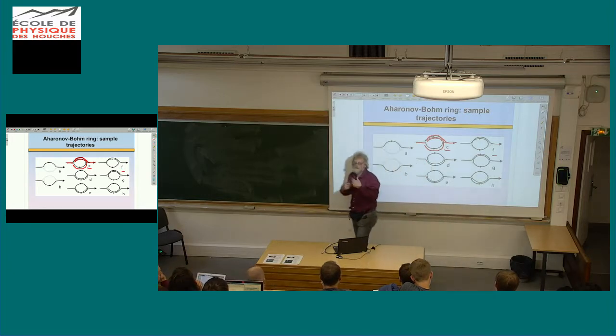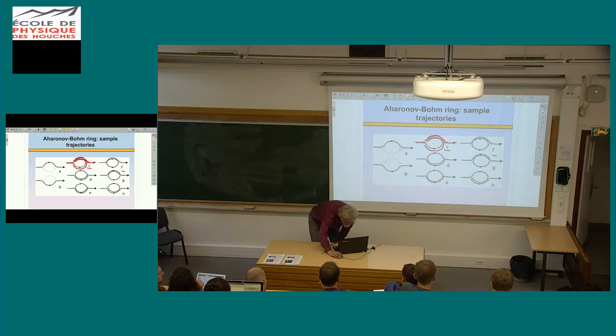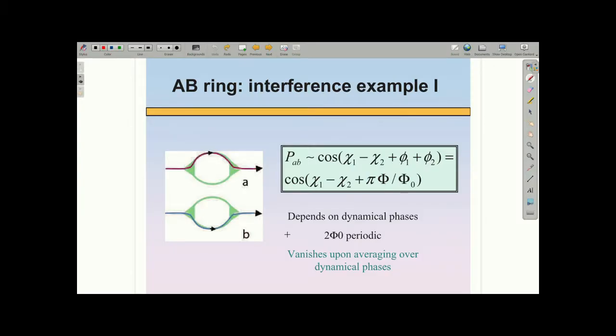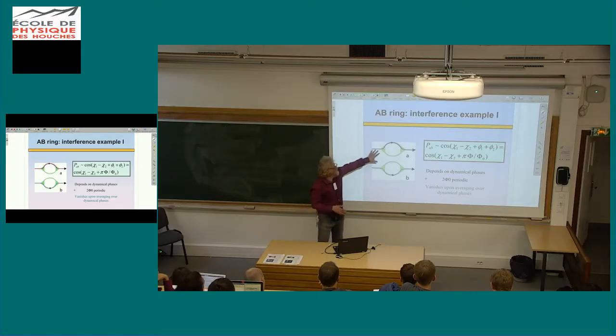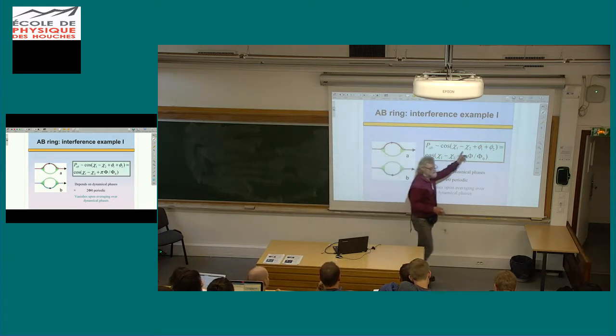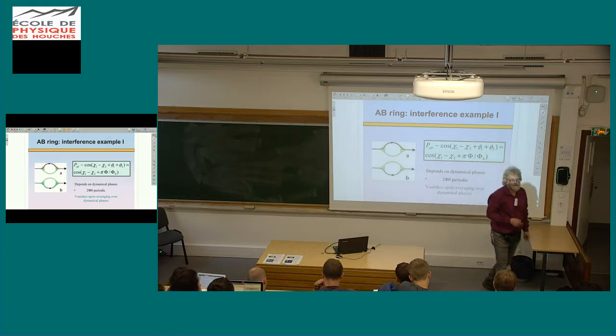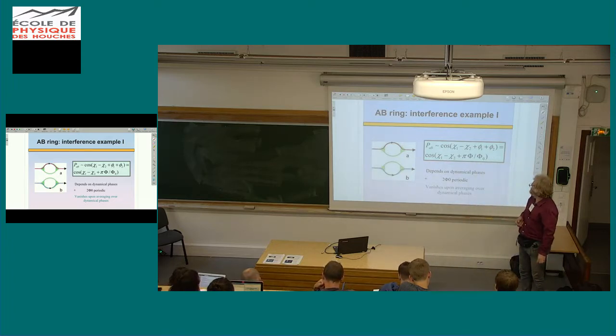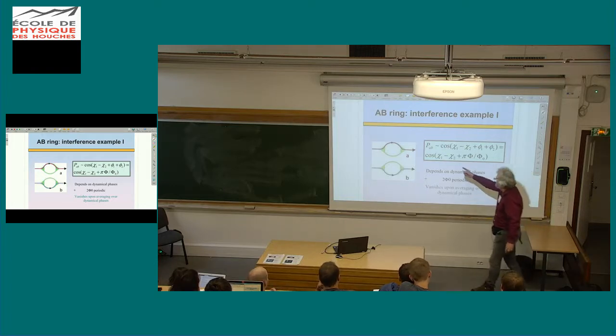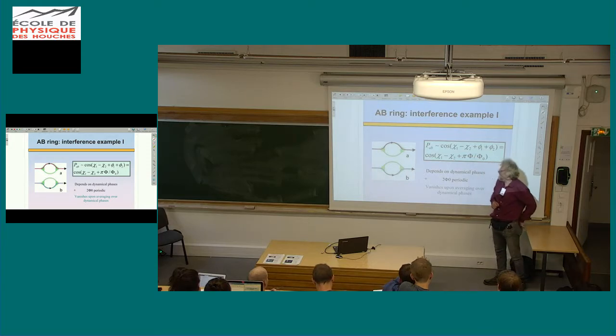Fine. Let's look, not at the whole expression, let's look at the interference of these two trajectories. Simple one. It's just a double-slit experiment. So we expect the interference term to depend on the phases. The phases are dynamical and geometric. So finally we have an expression which depends on both. Right, it's periodic with a period of 2 times phi naught.